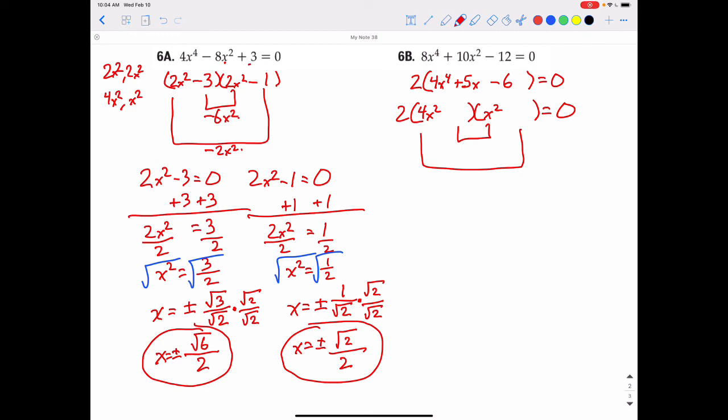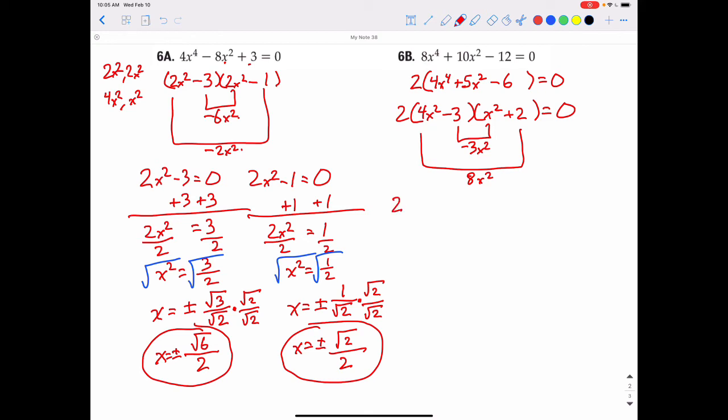Well, if I put a negative 3 here and a positive 2 here, that would give me insides of negative 3x squared and outsides of positive 8x squared, and that does add up to 5x squared. And so we do have it factored correctly.